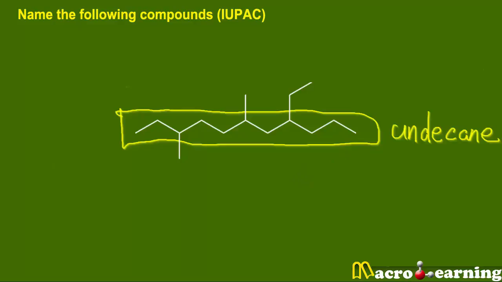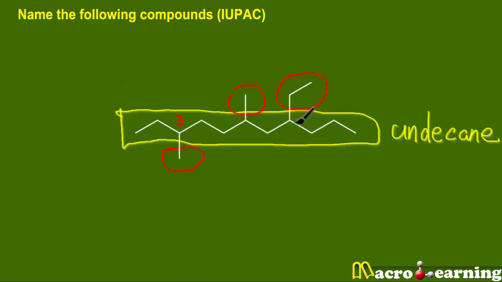And where are the substituents? It's here. Methyl, methyl, ethyl, right? Now, when it comes to numbering, which side do we start with number 1? We start from the left-hand side, because again, this way we see the first substituent on the lowest numbered carbon, which is 3.